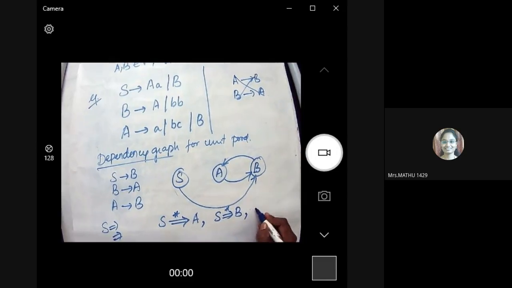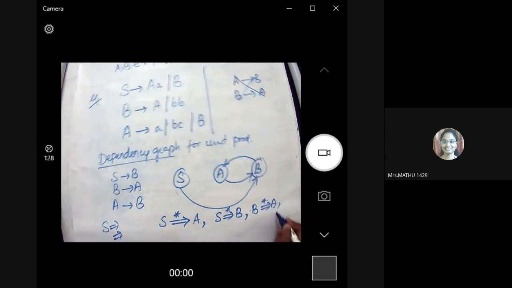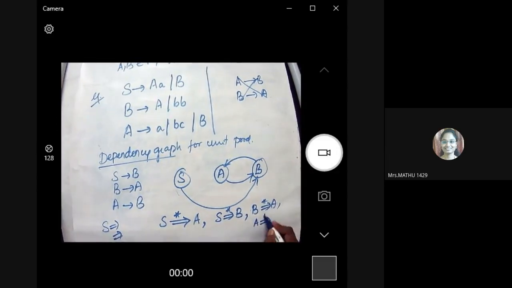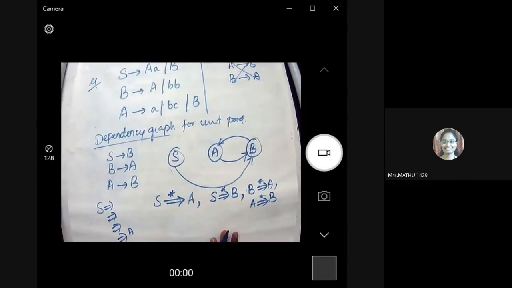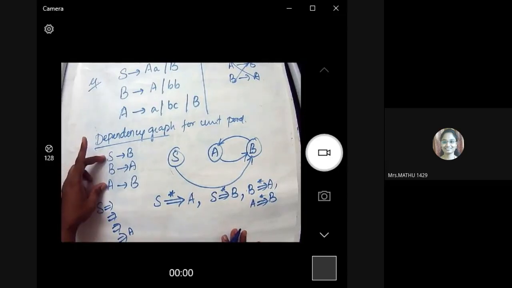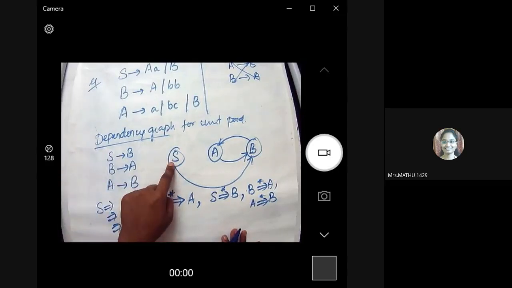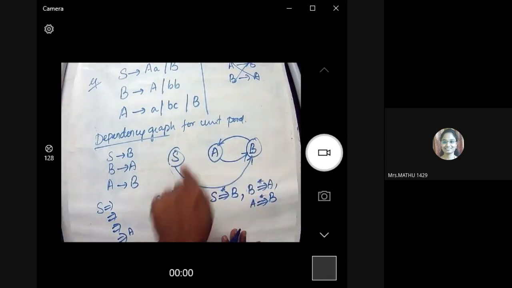And what are the other paths available? B to A, and then A to B. So first, before removing the unit production, what we have to do is identify all the unit productions and draw the dependency graph for that. From the dependency graph, you write down all the paths or the walks available between each node.